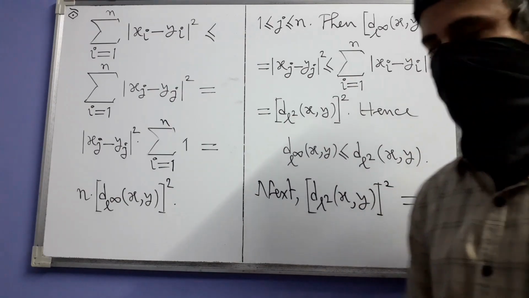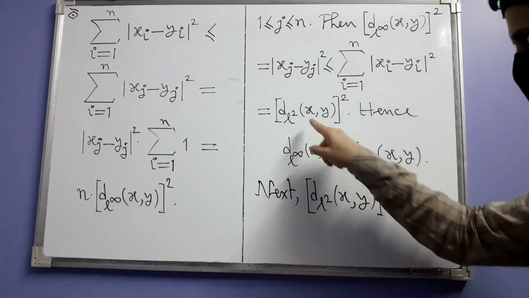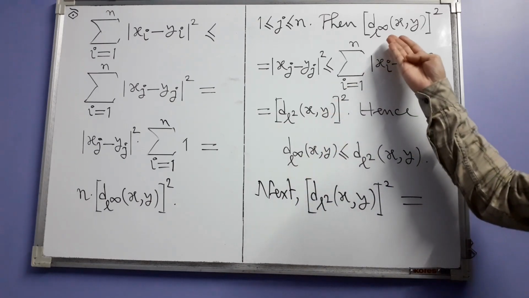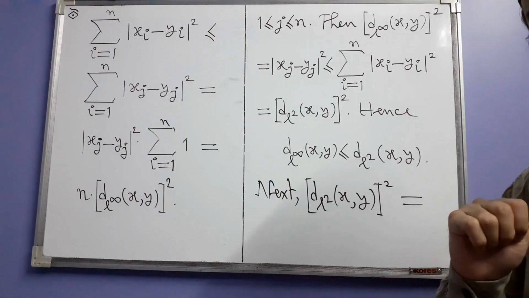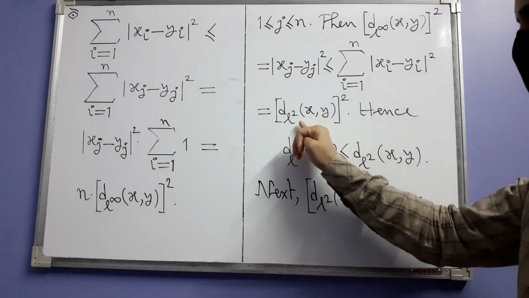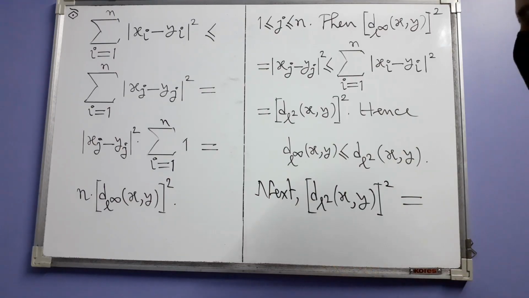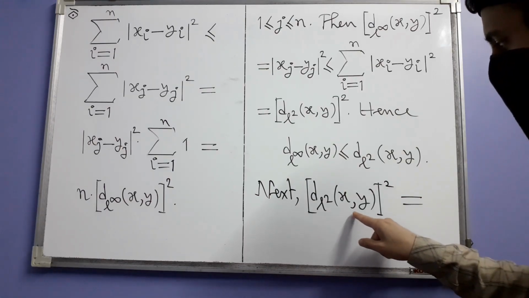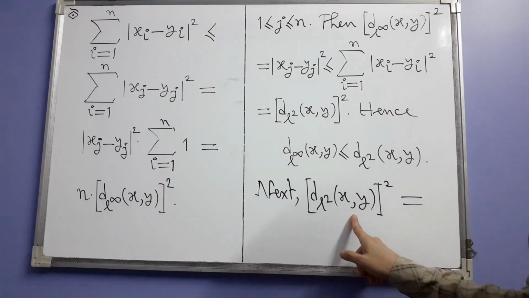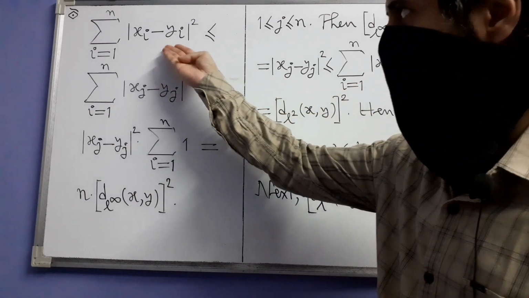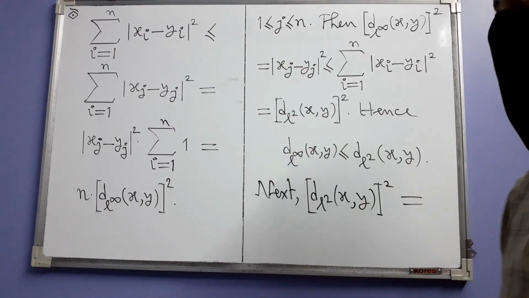This time we instead start with the square of this. In the previous calculation we started with the infinity distance and ended with L2 distance. This time it's in the opposite direction. We start with the square of the L2 distance between x and y, which of course you already know is equal to this sum.